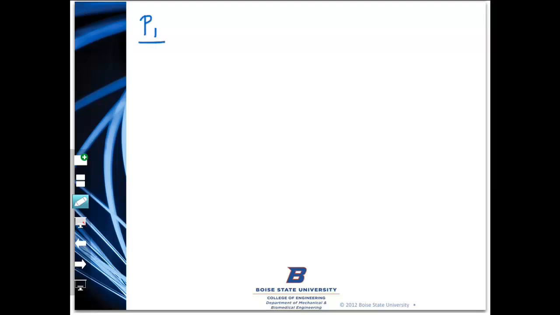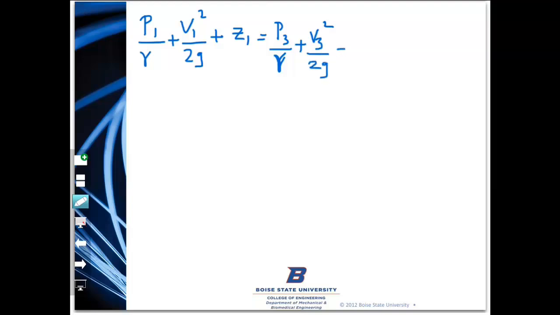So P1 over gamma plus V1 squared over 2g plus Z1 equals P3 over gamma plus V3 squared over 2g plus Z3.